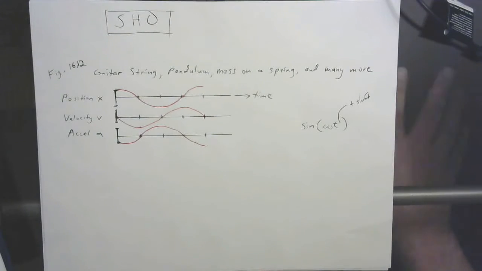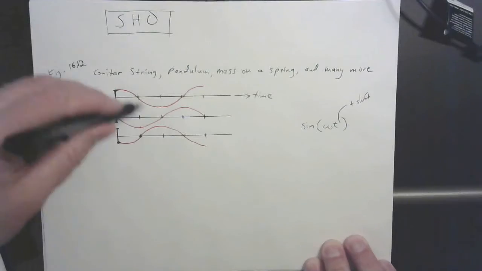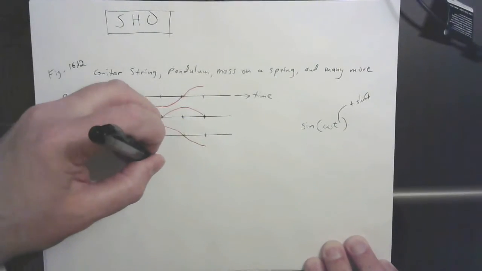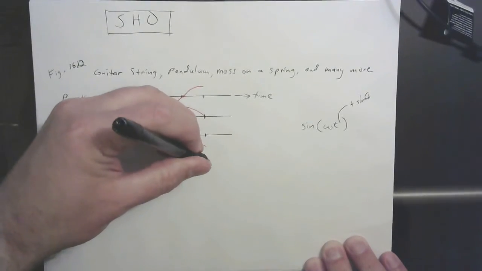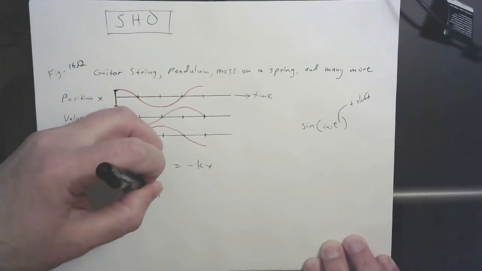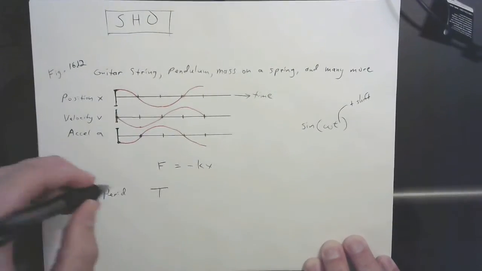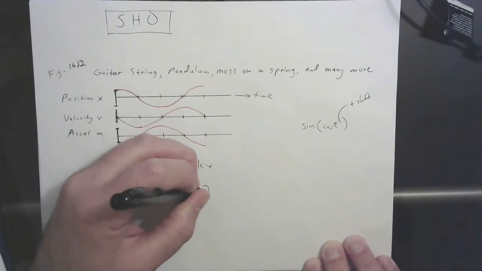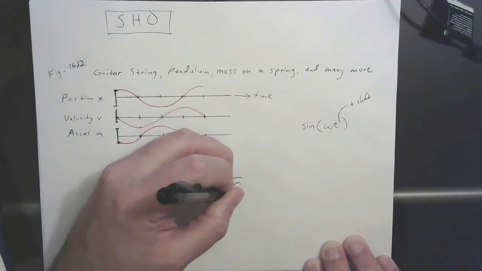There are so many videos on YouTube about this that do a better job than what my lips are doing. And then the punchline here is that for all these simple harmonic oscillators with a force law that can be written as force equals minus kx, for all those cases, the period of oscillation T is 2 pi times the square root of m over k.